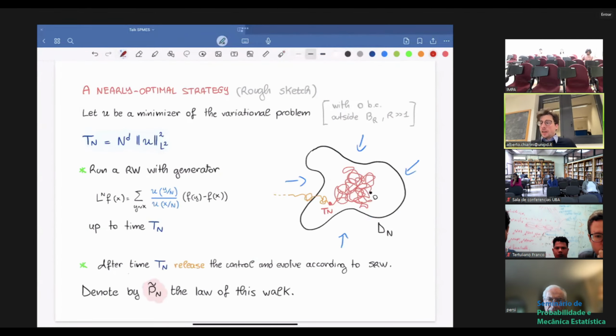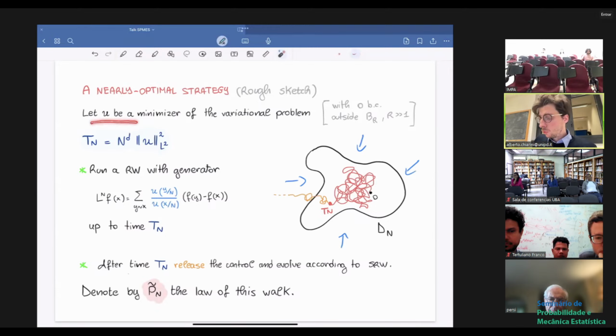So what is the strategy then? The strategy, since we believe that the rate is the correct one coming from this variational problem, the nearly optimal strategies should come by taking the minimizer of the variational problem and controlling the random walk with some caveats.